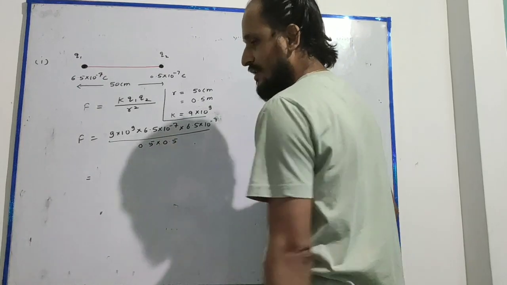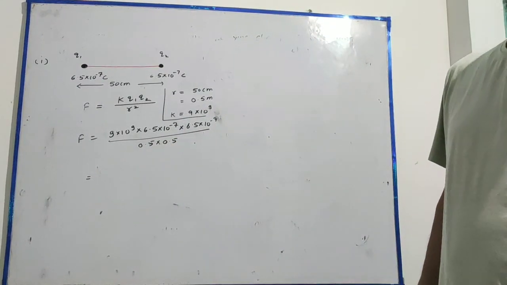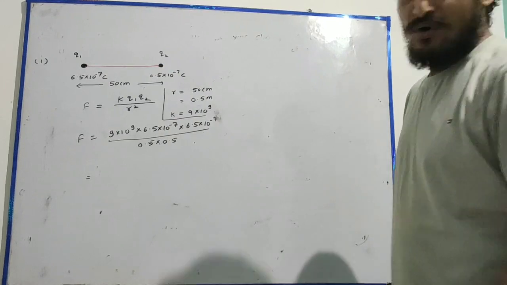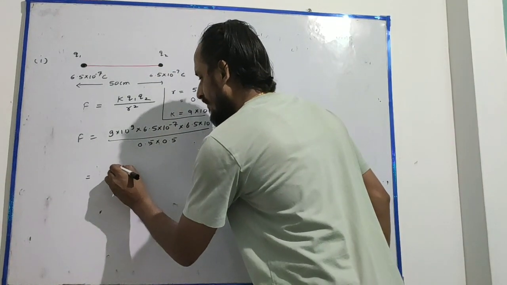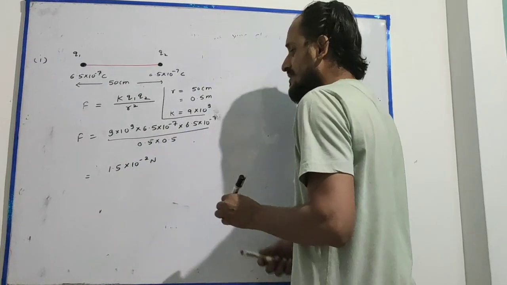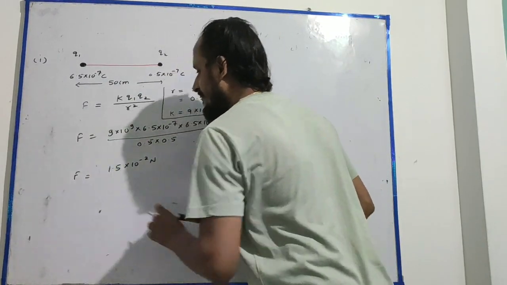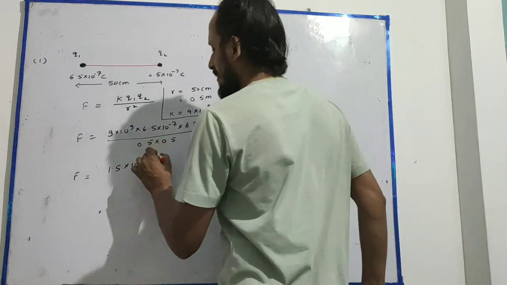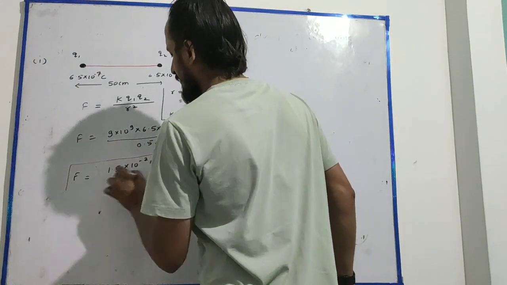You can do calculation yourself. You will get the answer 1.5 into 10 raised to the power minus 2 Newton. Just check yourself whether you are getting this answer or not. Clear?